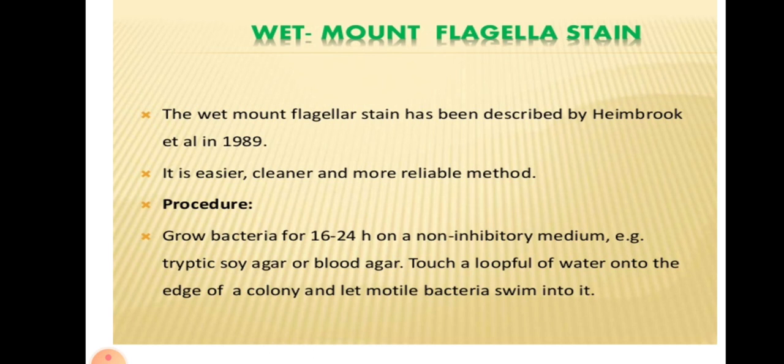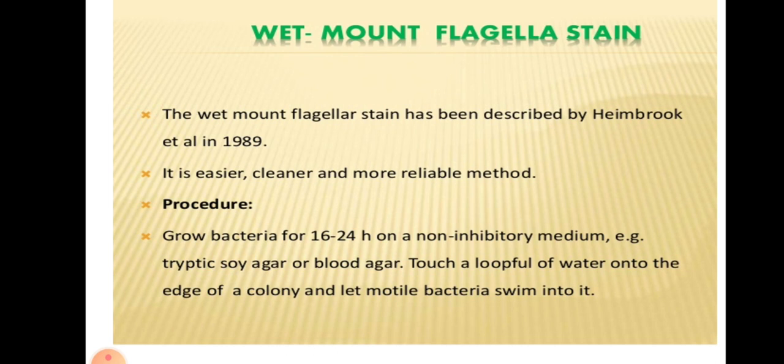The wet mount flagella stain has been described by Heimbrook et al. in 1989. It is an easier, cleaner and more reliable method. The procedure is to grow bacteria for 16 to 24 hours on a non-inhibitory media, for example tryptic soy agar or blood agar media.